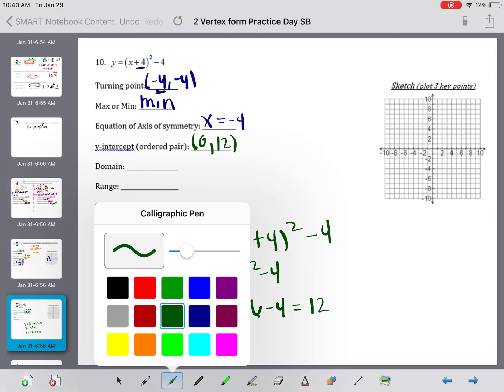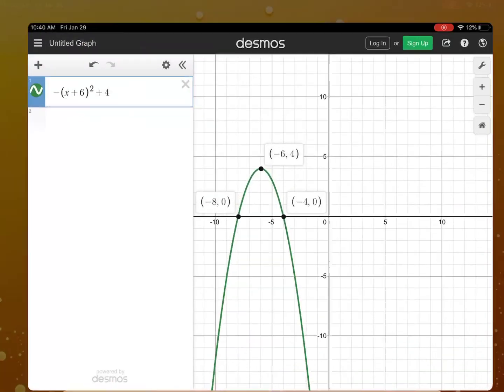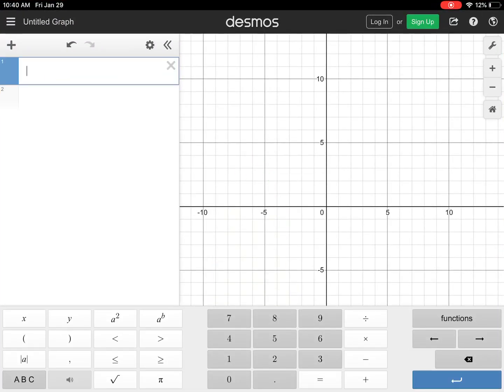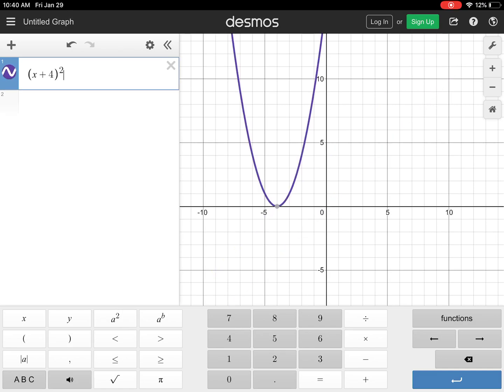The domain is always negative infinity to positive infinity. The range, we're going to graph it to get the range, and that will also tell us what our zeros are, and we can also check our answer. So I'm going to graph y equals x plus 4 squared minus 4.